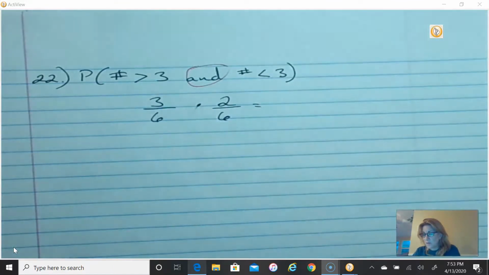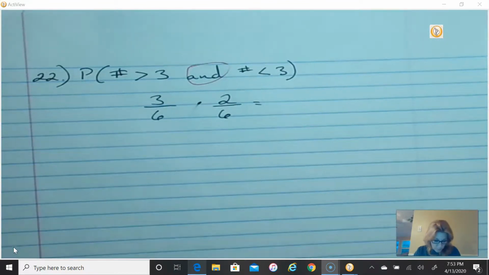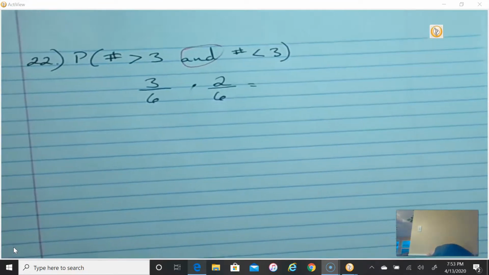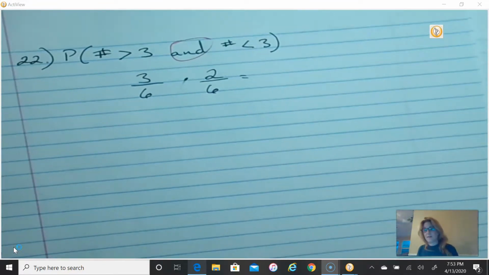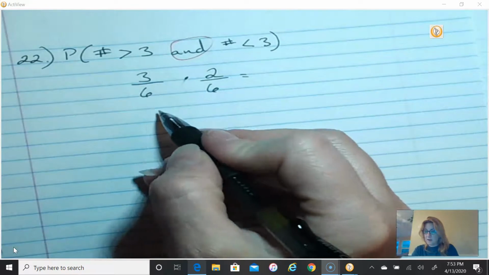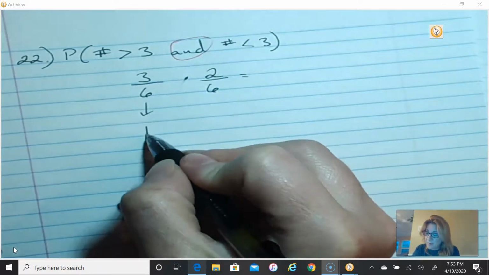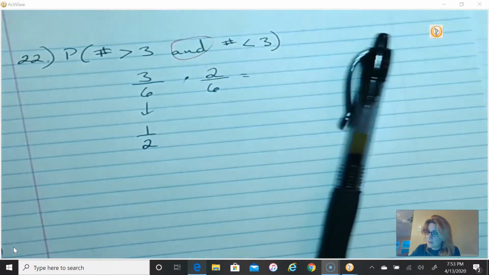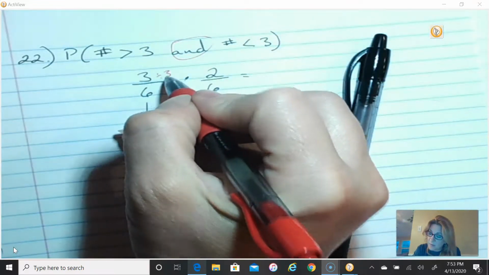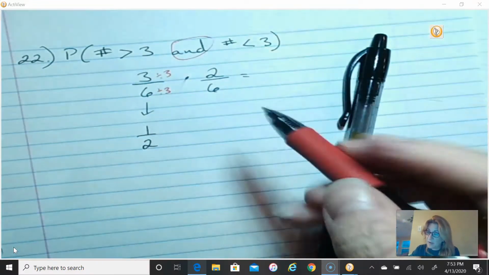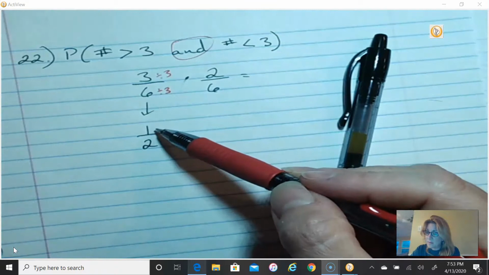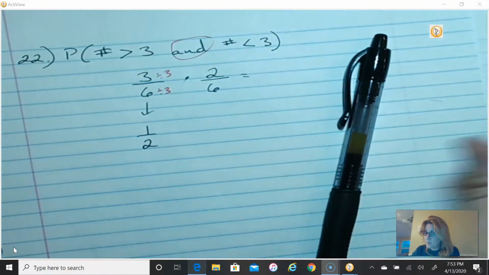Okay, so we can do cancellation, or you can reduce that, whichever you want to do. We can reduce that if you want. This would become a half if we divide top by 3 and bottom by 3. 3 divided by 3 is 1. 6 divided by 3 is 2.